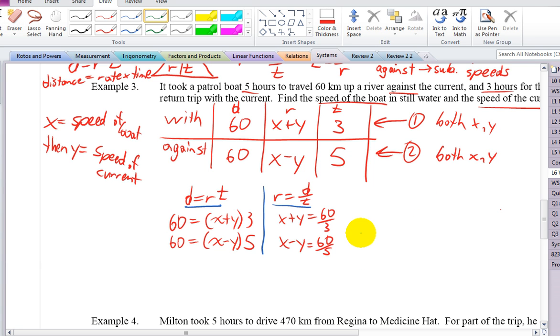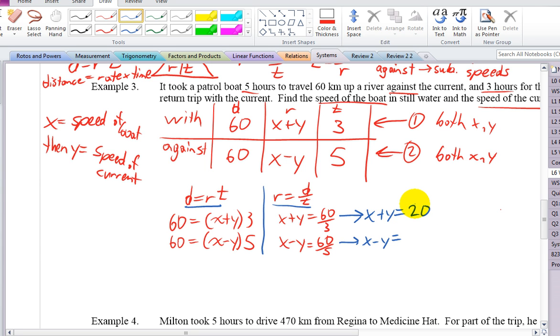Okay, the chart helps you organize your work. So, rewrite this one. X plus Y equals what? X minus Y equals what? This would be 20.